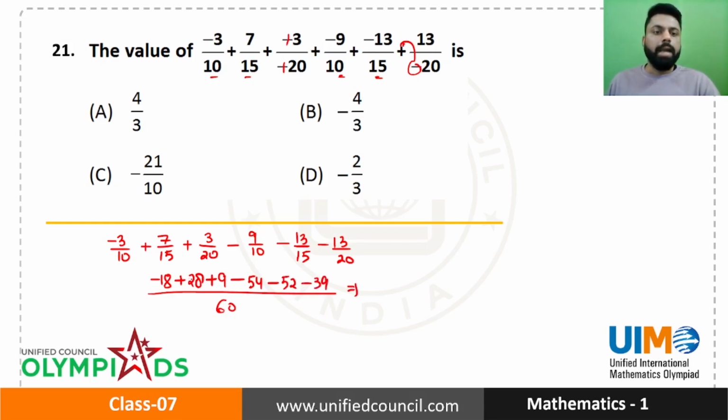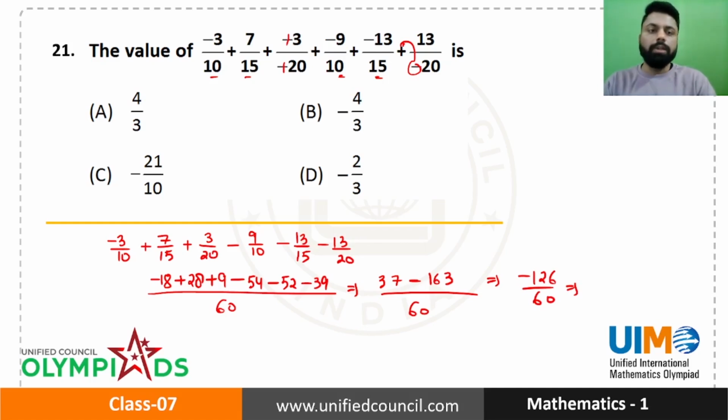So 28 plus 9 is equal to 37, and then minus 18 and 54, 72, 72 plus 2, 74, and so on, and the total comes to minus 126 upon 60. Now this will become how much?